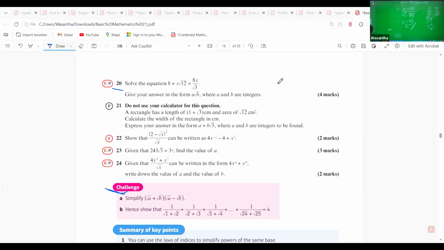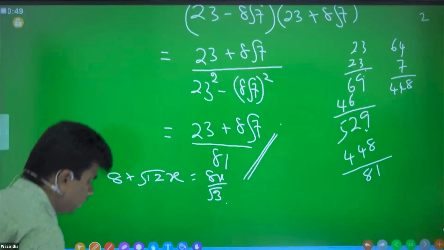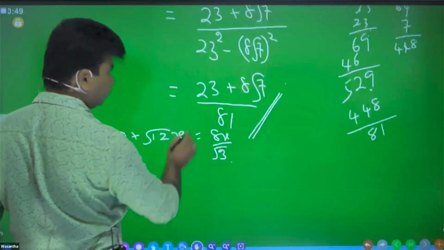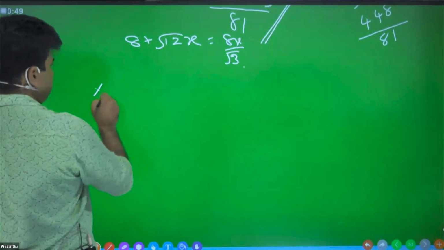With plus root 12 x equals 8x over root 3. Now you can see here, we can multiply the whole equation by root 3.